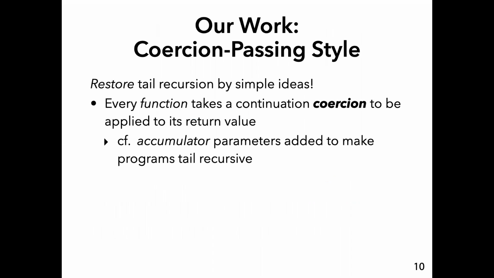We can rewrite such a program in tail recursive form by the idea of Coercion-Passing Style. In Coercion-Passing Style, every function takes an additional coercion parameter that will be applied to the return value. These additional coercion parameters are similar to the accumulated parameters added to make programs tail recursive in functional languages.